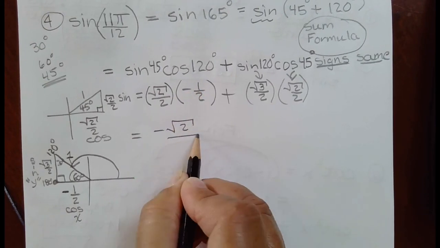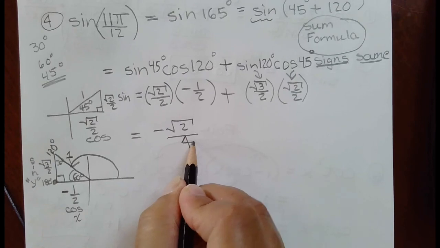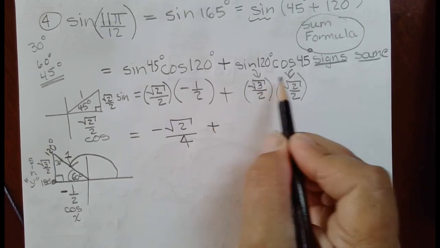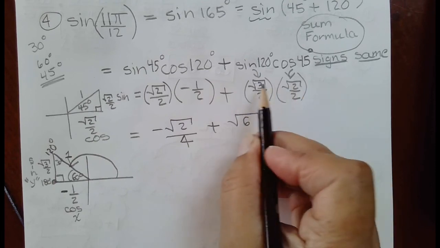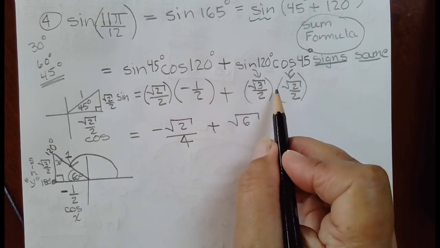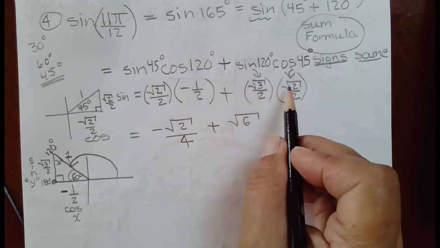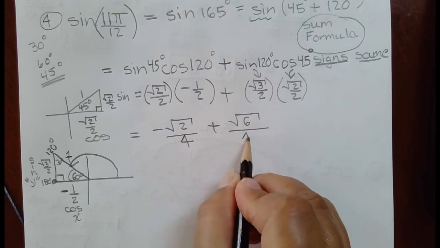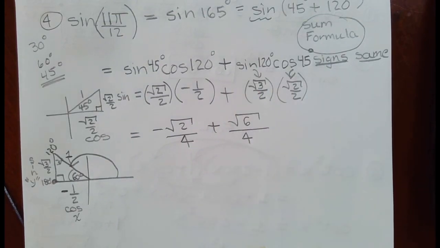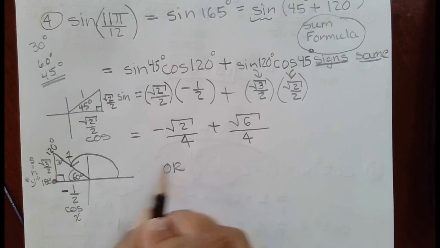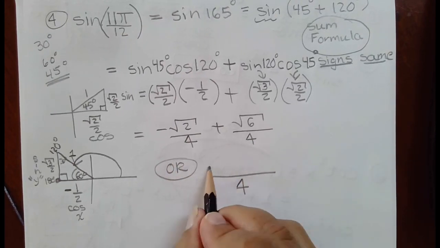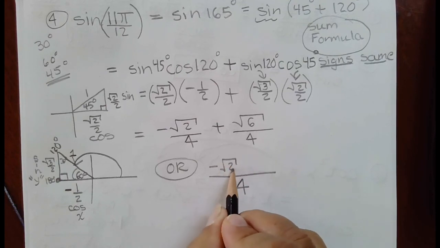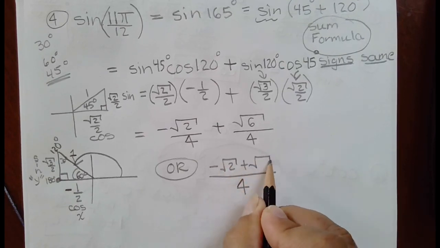Denominator is 4, and you can give me the answer like that, or you can bring it into a single fraction if you'd like. When the denominators are the same, that's really easy to do. Either way is acceptable. So you can give me this or that, either one. We'll get you full credit. Okay, in the next videos that you're going to see, we will tackle 4 or 5 problems at a time.